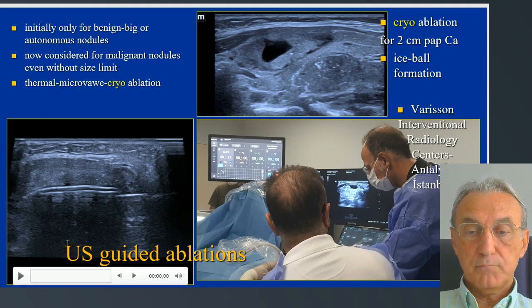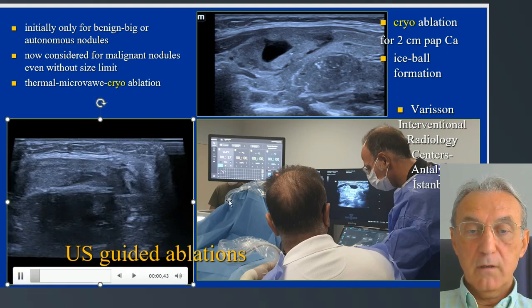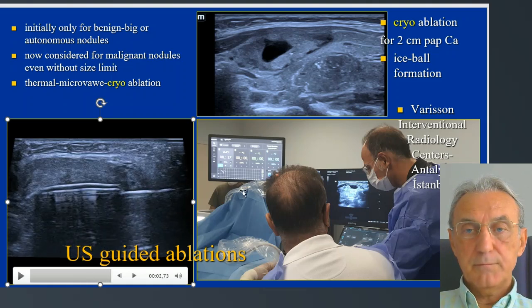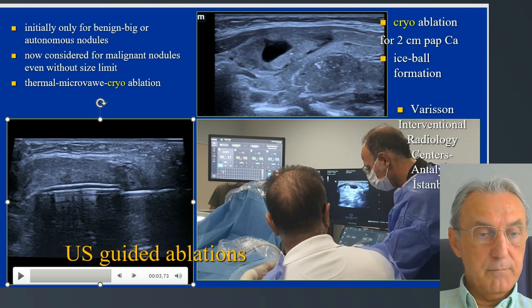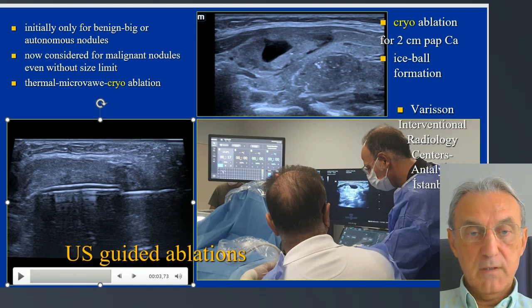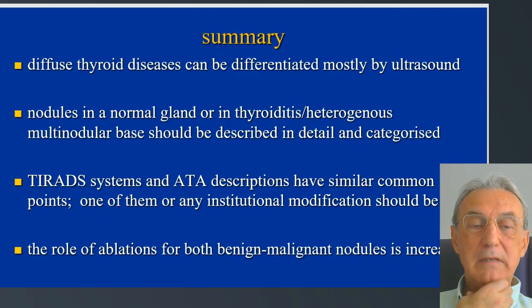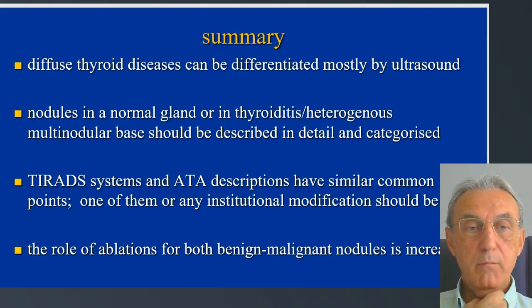During the ultrasound guided ablation, you see the ice ball formation, and we can be sure that all the nodule is ablated. So this is a quite new and quite effective method.